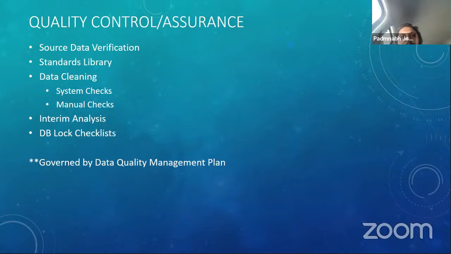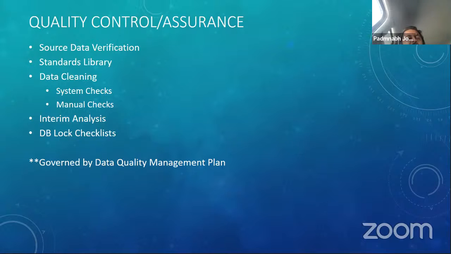So COPD should get captured as an adverse event rather than death. This cannot be done in an electronic system check format. So we'll have to raise a manual query stating that this data is inaccurate and please correct or please provide an underlying cause. There are two more things that we regularly do: interim analysis and the database lock.